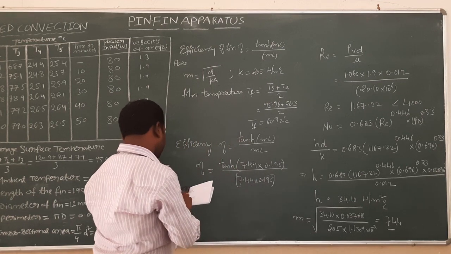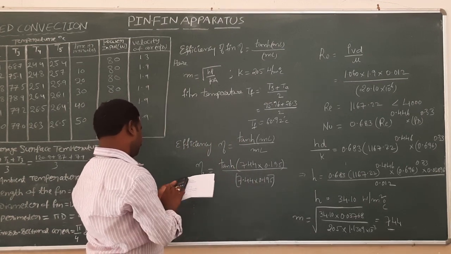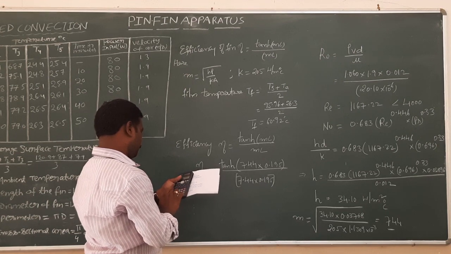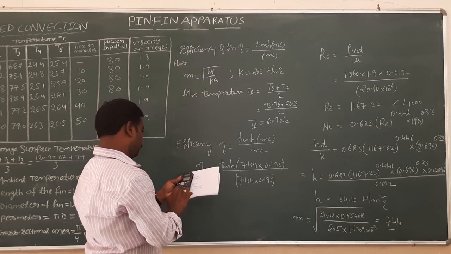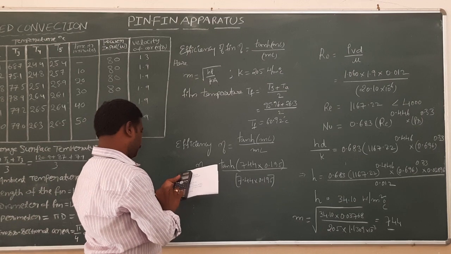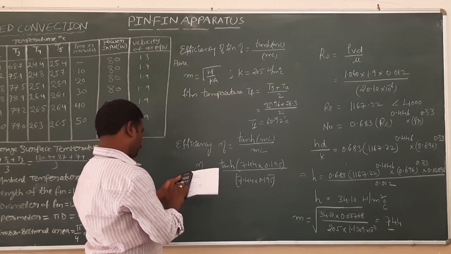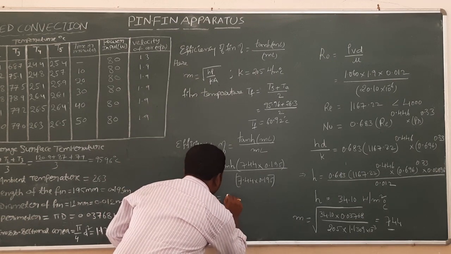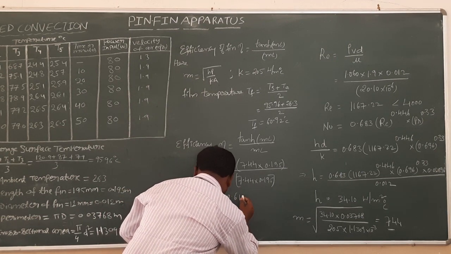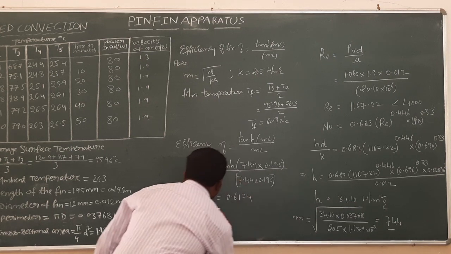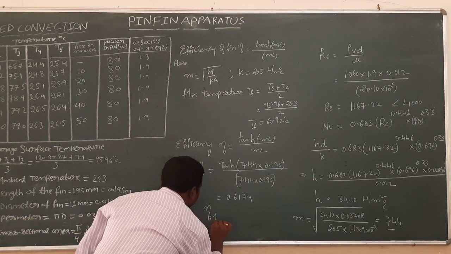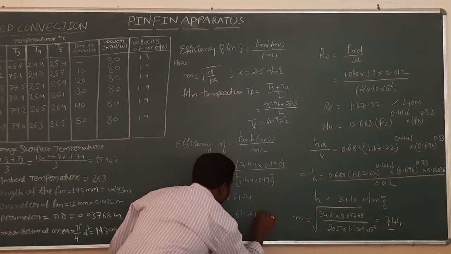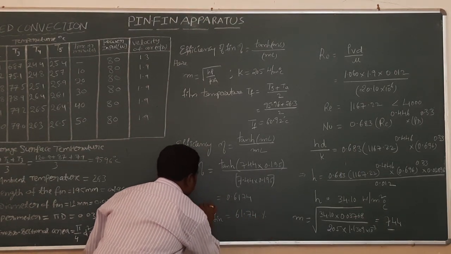Calculate this one by using the calculator. 0.6174. So efficiency of the fin in forced flow condition is 61.74%.